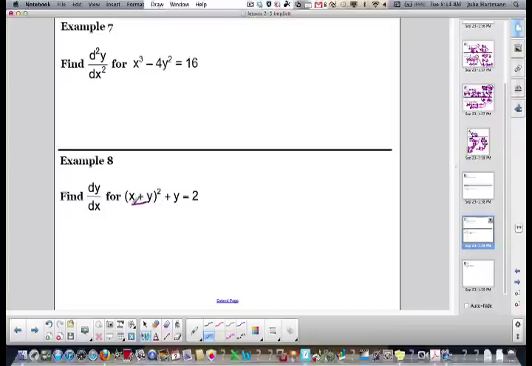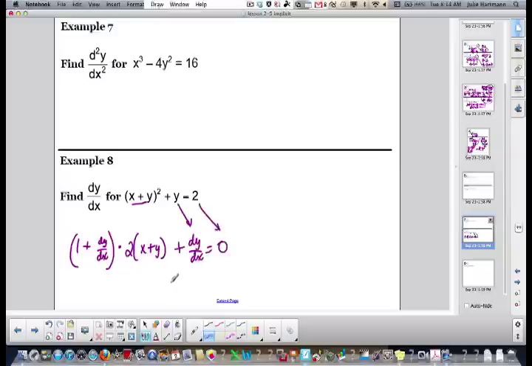So the derivative of the inside, the derivative of x is 1, plus the derivative of y is dy/dx. You have the derivative of the inside times the derivative of the outside, which is 2 times (x plus y). So you've got to multiply those. Plus the derivative of y is dy/dx, equals the derivative of 2, which is 0.